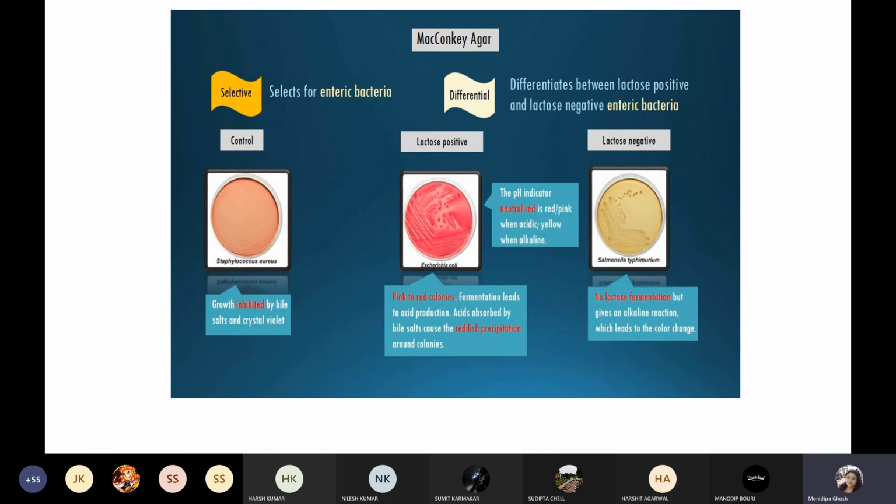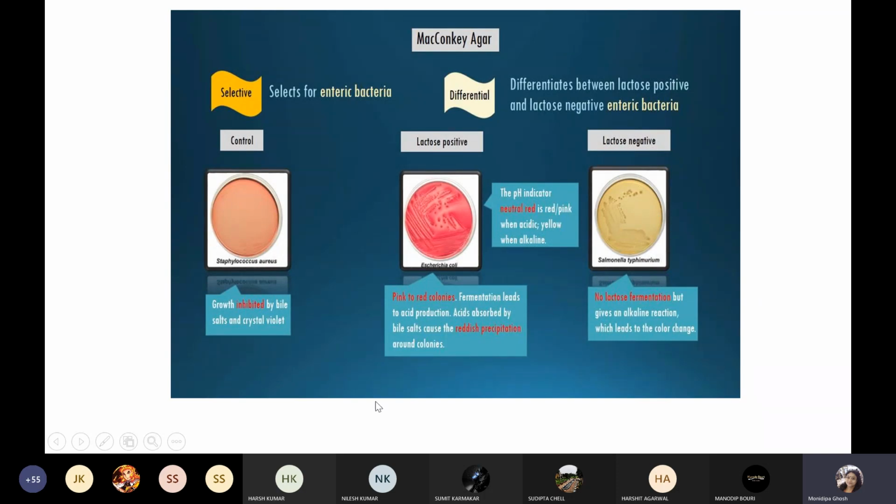No acid is produced, and that is why the red color is not achieved. That is why you can analyze and infer that this population of bacteria which are lactose negative will change the color of the media to yellow.